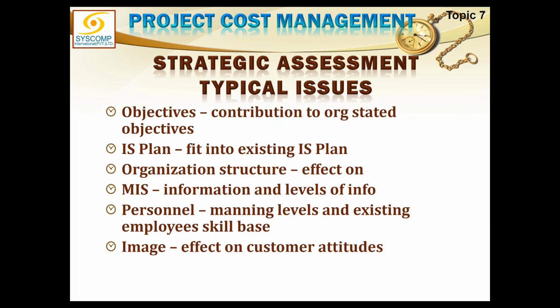The management information system, or the people, the manning level, and the existing employee skill base could be a deciding factor, a strategic factor, and you may decide against the technology or even economy if it is more comfortable with your people, if it is more important for you to take into account the comfort of your people, and therefore you may make a strategic decision to go for it. And sometimes it is just for image, just to maintain your rapport in front of the customer.